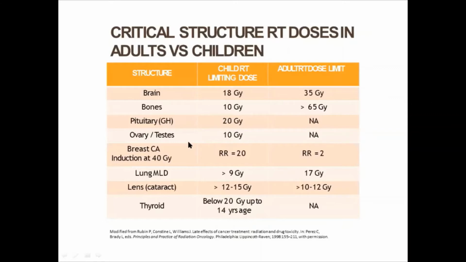For the ovary or testis, the limiting dose of radiation is 10 gray. Lung mean lethal dose is more than 9 gray, lens more than 12 to 15 gray, and thyroid below 20 gray up to 14 years of age. And here, as we see in breast cancer, the induction at 40 gray increases the relative risk by 20%.